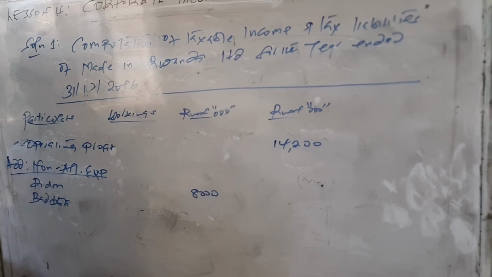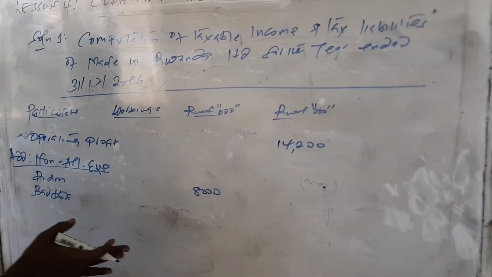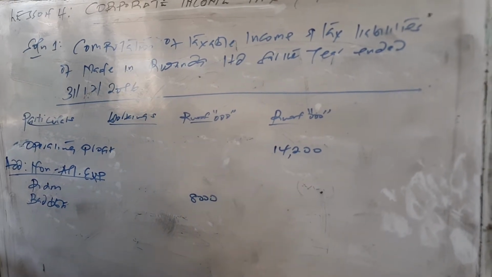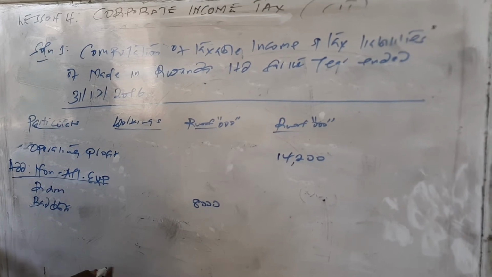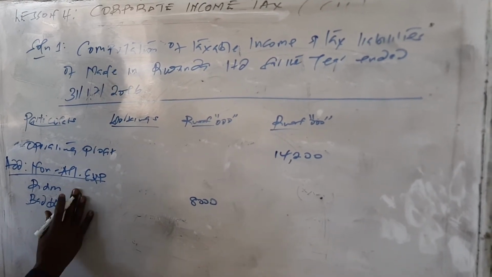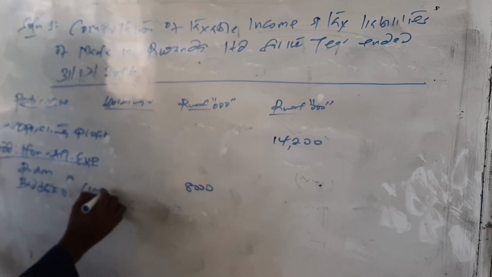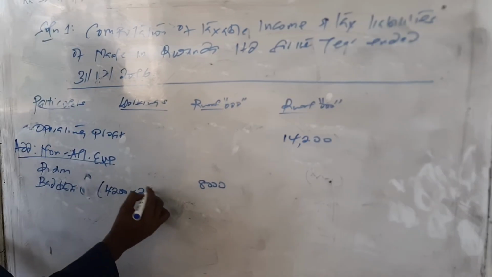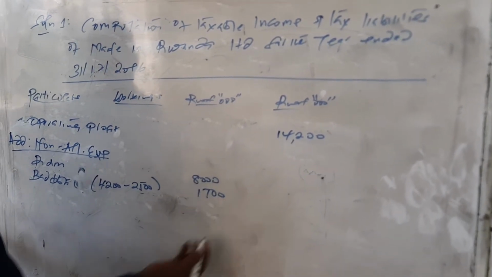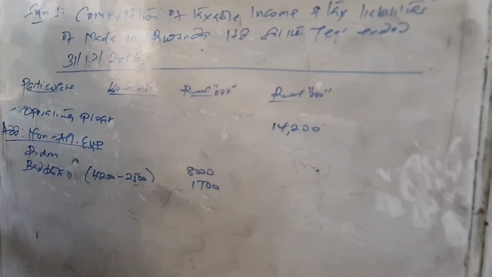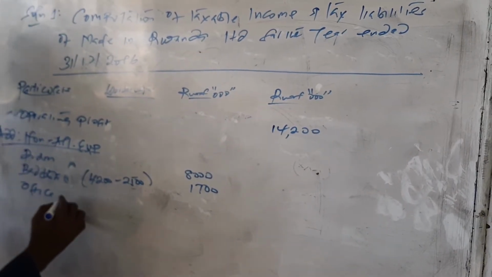In the statement it is shown that it is 4.2 million, but the specific one is 2.5 million. So under workings here, you get 4.2 minus 2,500. This gives me 1,700. That is 1.7 million.